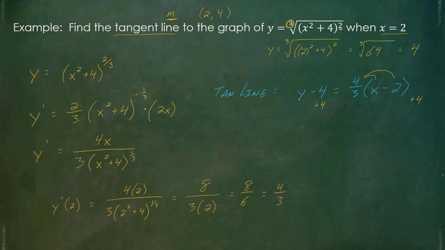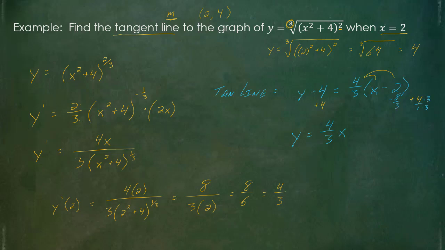So if I go ahead and simplify what those would turn into, I'd end up with y equaling 4/3 times x, and then 4/3 times a negative 2 would be negative 8/3. So if I have negative 8/3 that I need to add with 4, I probably need a common denominator, so I'd have to multiply the top and bottom of that one by 3.